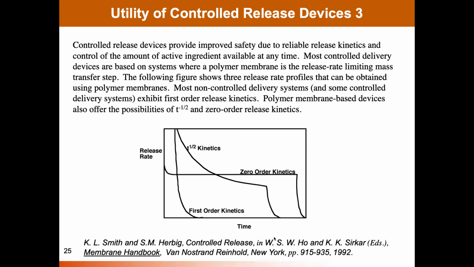We'll show you how these come about. It shouldn't be a surprise that one can get release rates that go according to square root of time kinetics, right? We just said square root of time, square root of time, square root of time. And so it shouldn't be surprising that then the rate of release, which would be the fractional mass loss from this device, would go with the square root of time.